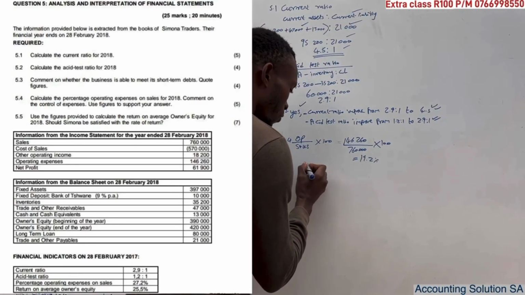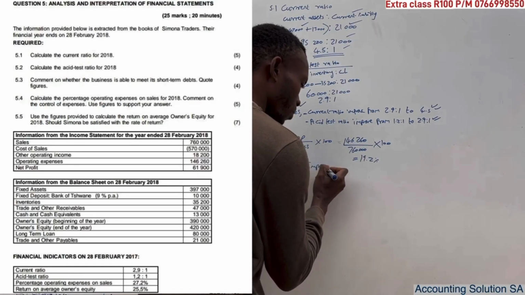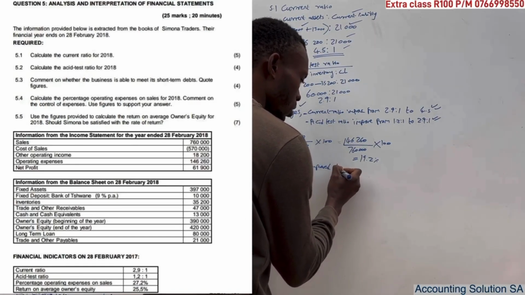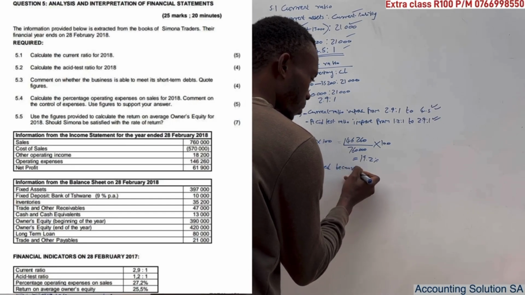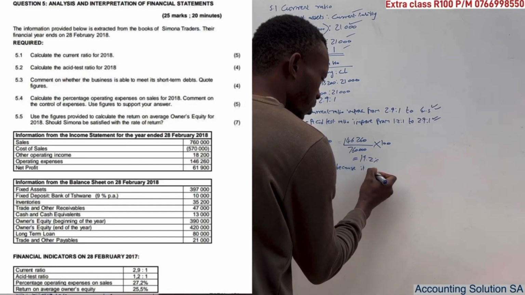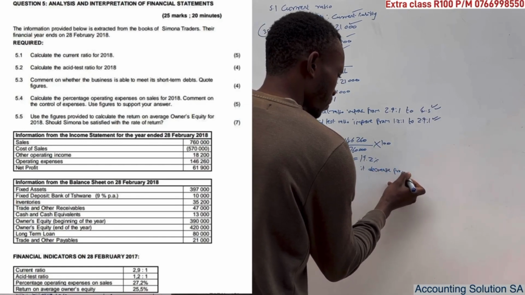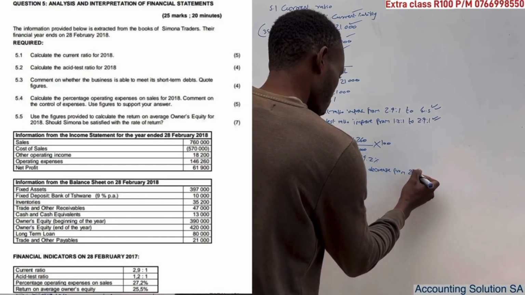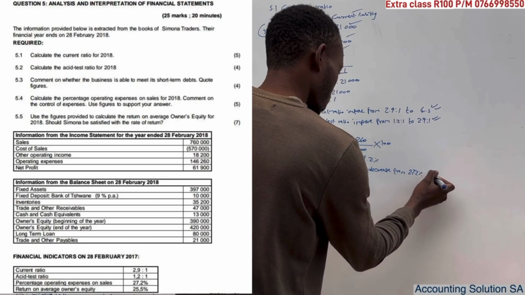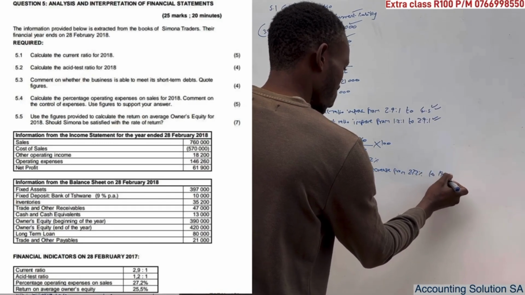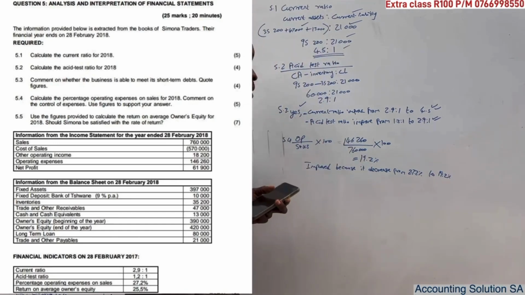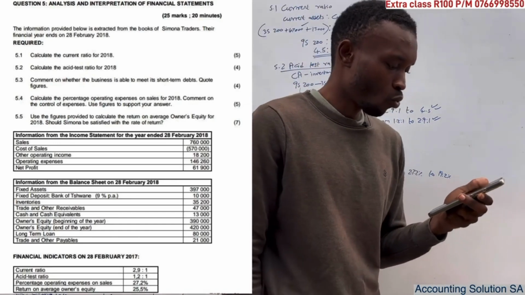It has improved. The reason is because it decreased from 27.2% to 19.2%. So this is very, very, very good.